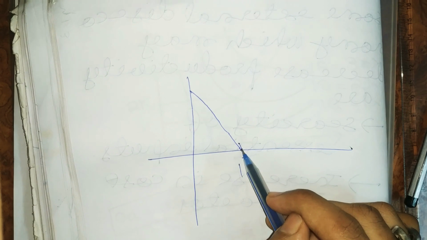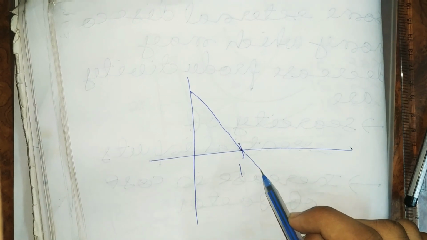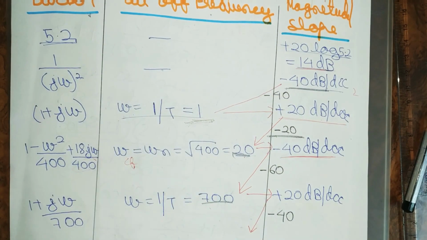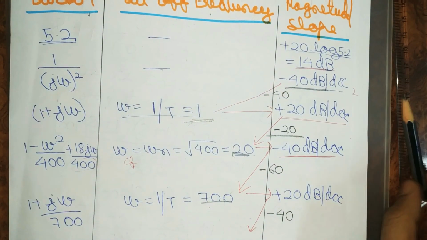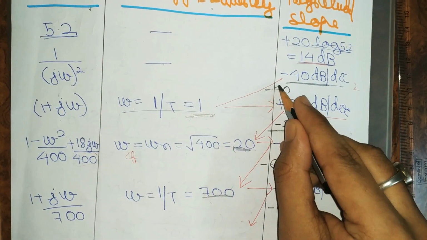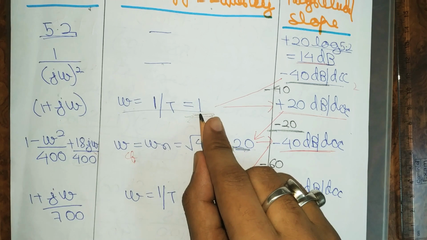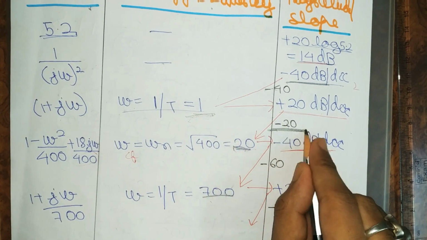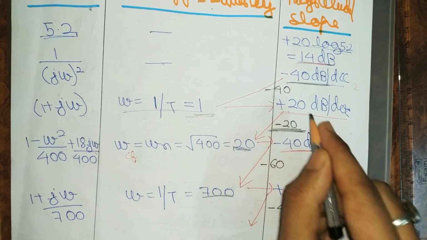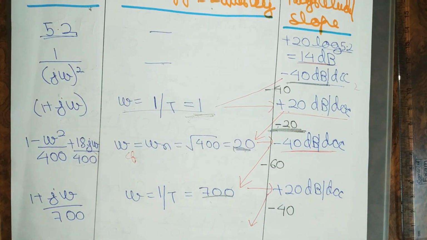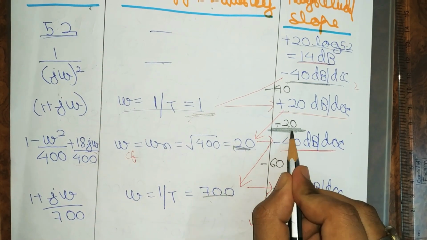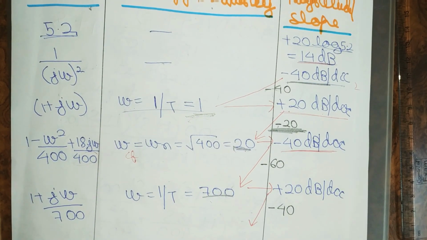So what you have to do is follow this 20 again. If it is increasing, then you write it like this. So minus 40 dB/decade till 1, and from 1 you move at minus 20 dB/decade, because minus 40 plus 20 becomes minus 20 dB/decade. So from 1 to 20 you are moving at minus 20 dB/decade.